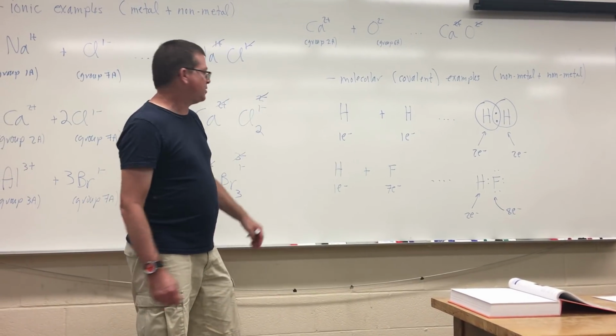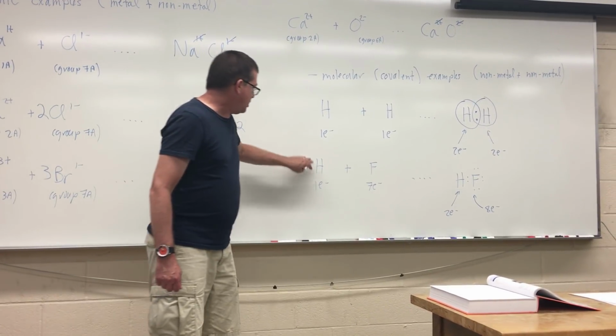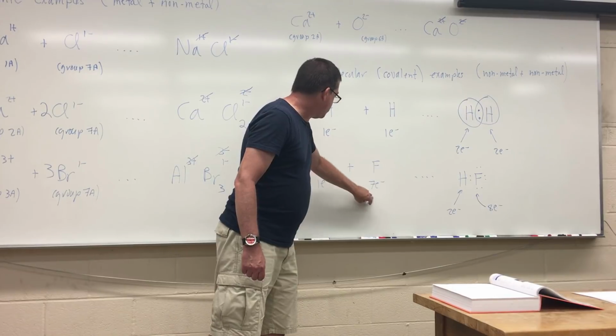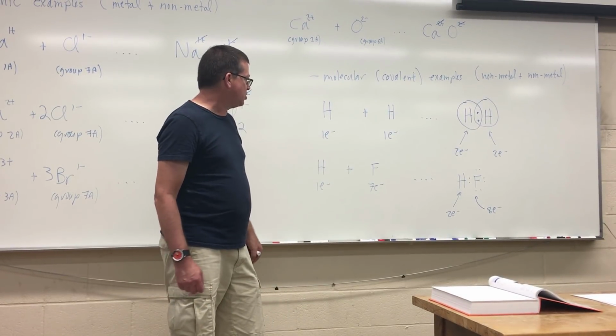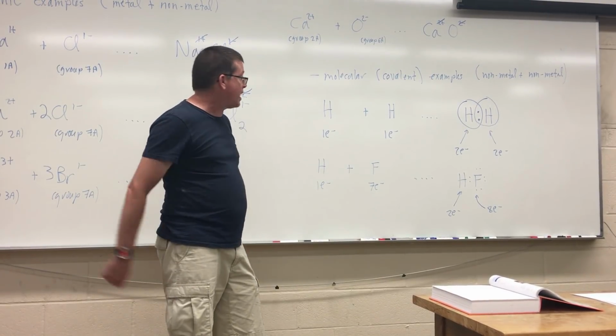Another good example of this would be a hydrogen atom bonding with a fluorine atom. Hydrogen has 1 electron associated with it. Fluorine has 7 electrons associated with it because it's over in group 7A, so these are the electrons we care about.